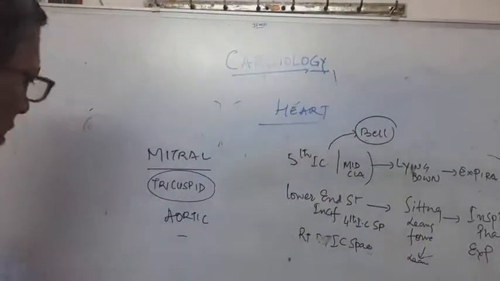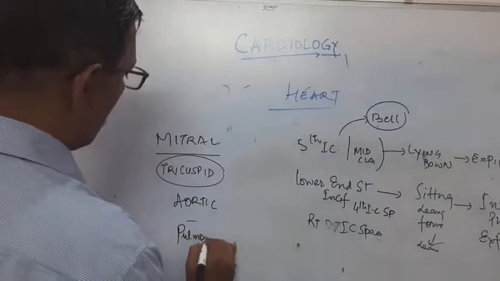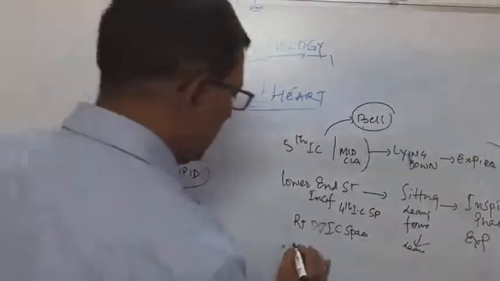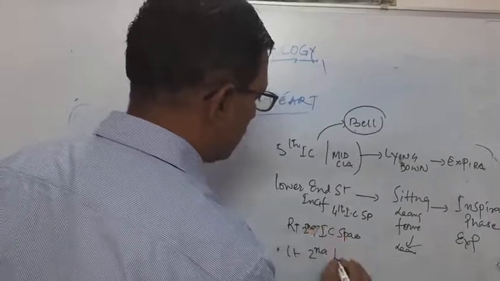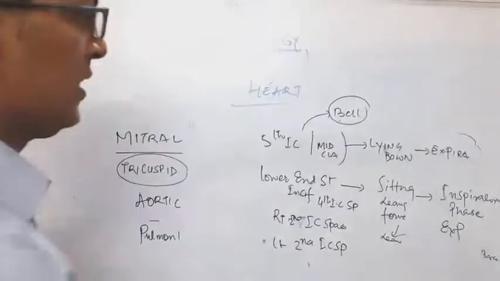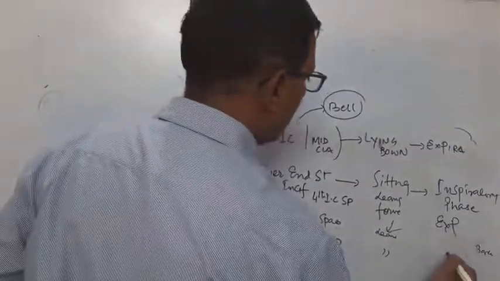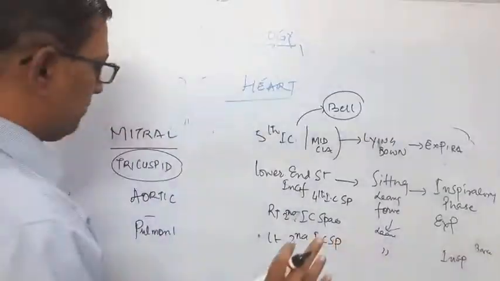Now the pulmonary area. The pulmonary area is the left second intercostal space. This is also taken sitting and leaning forward, but this is taken during the inspiratory phase. Each one of them is very important.